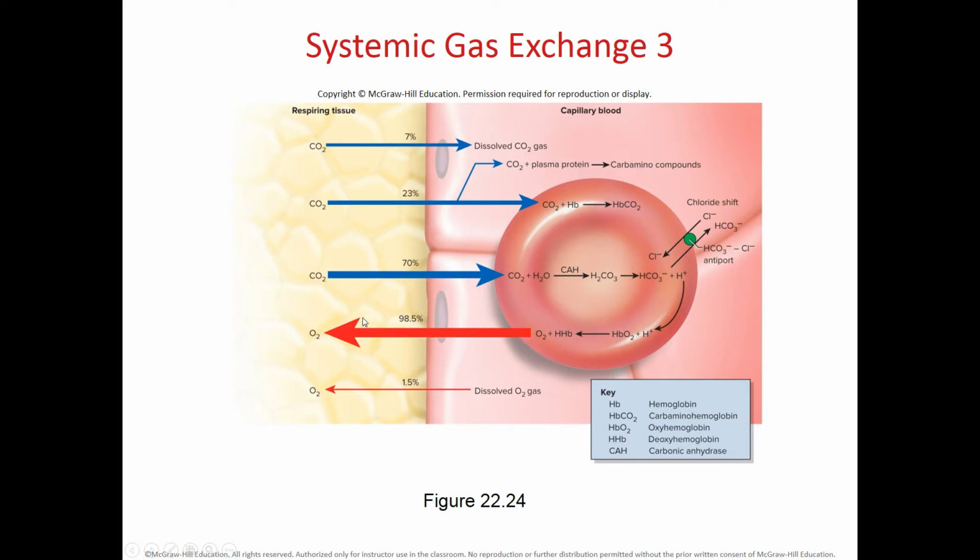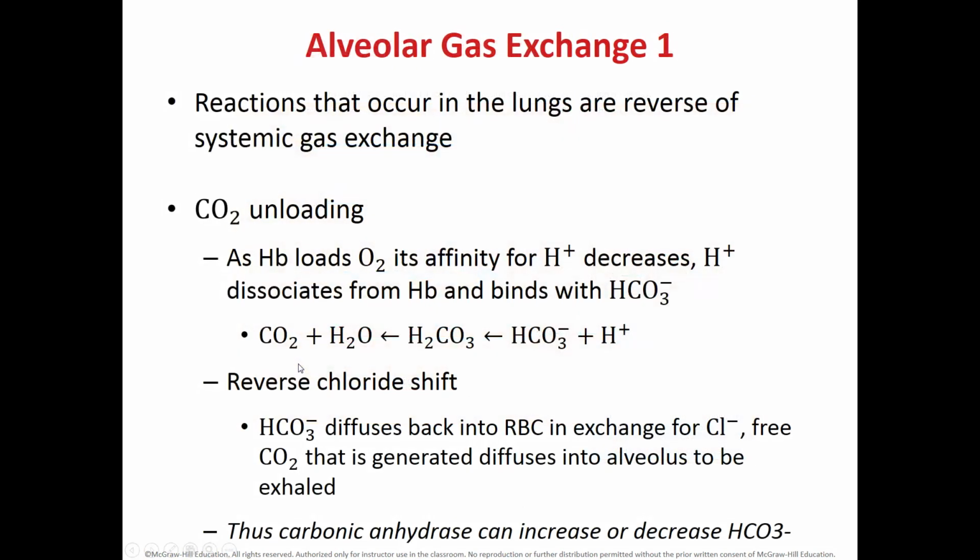And 98.5% of the oxygen will diffuse from this form into the tissues, and the 1.5% that was dissolved as a gas will come and provide oxygen to the tissues too. So that is the systemic gas exchange, what happens in our tissue cells.